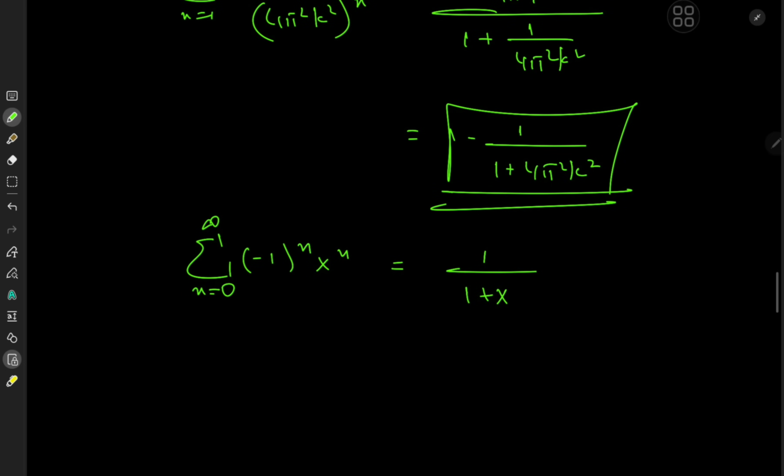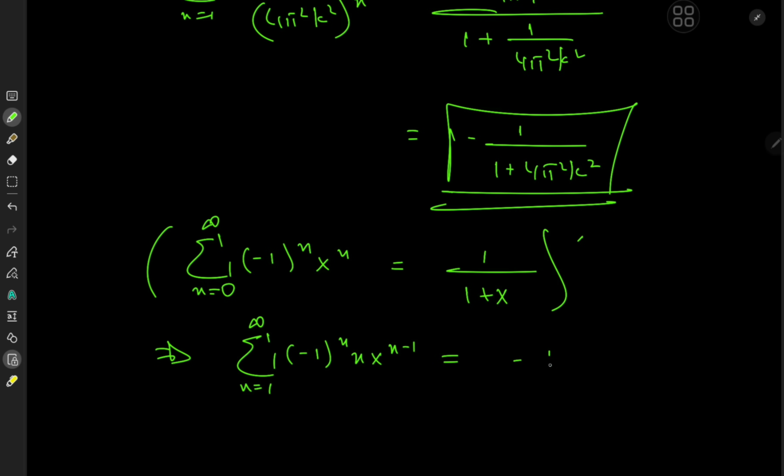And if I just differentiate this with respect to x, we get the sum over n from 0 to infinity of (-1)^n n x^(n-1). And of course, that means we can start the sum at 1 now because n equals 0 just gives us 0 as a leading term. And this thing equals -1 over (1 plus x)².